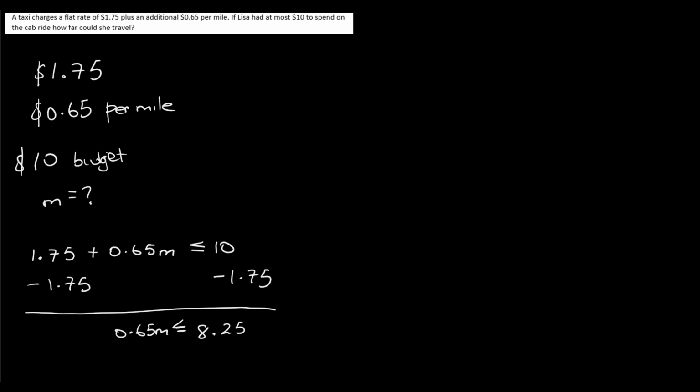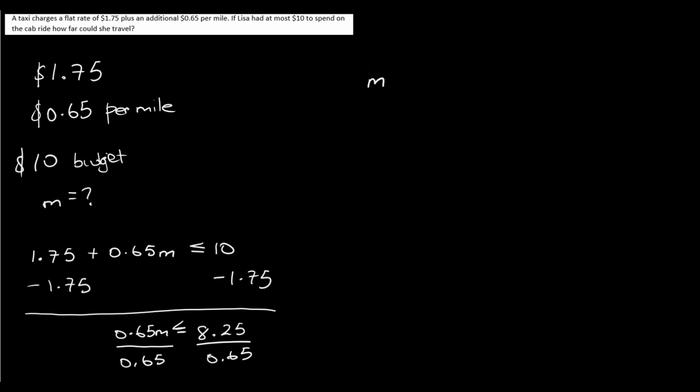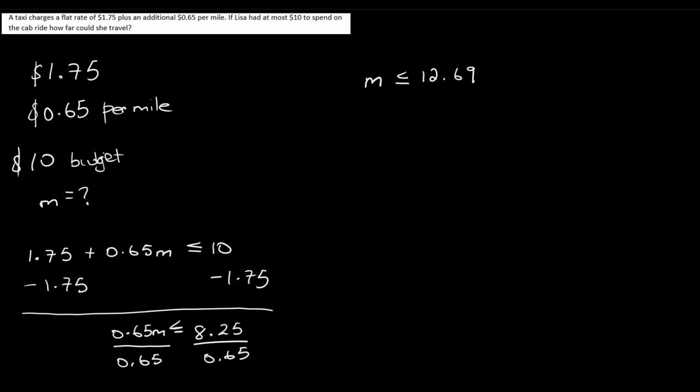And now to find M, we divide each side by 0.65. And so M would be less than or equal to 12.69. And so our final answer for the number of miles traveled will be 12.69.